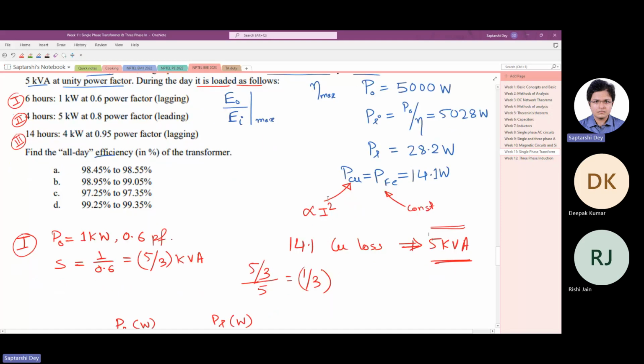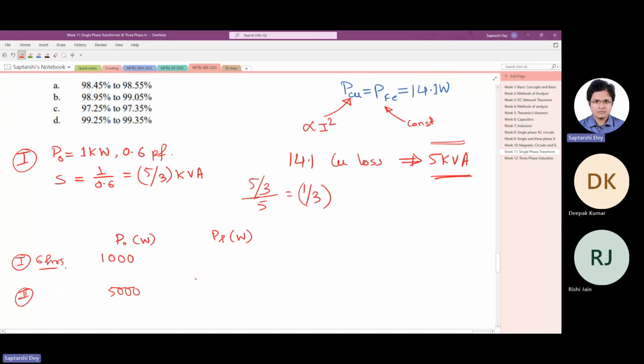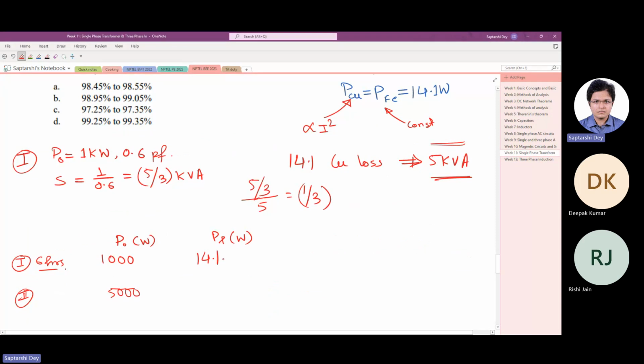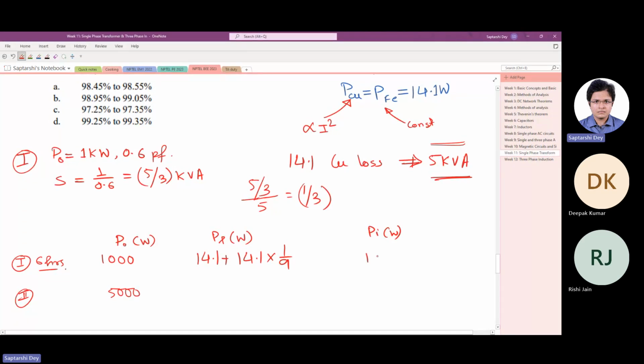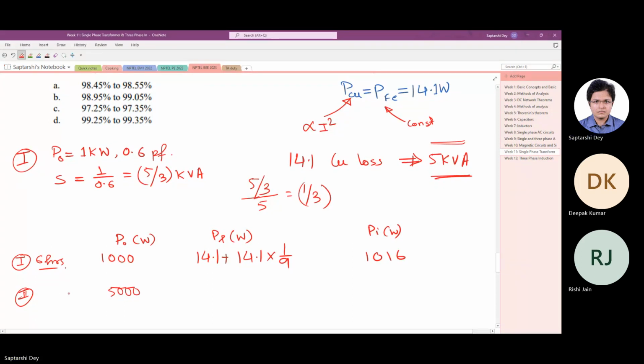So if the current is 1/3, the loss is 14.1 core loss plus 14.1 times 1 by 9. If you do this and find out the input power, you will get 1016 watt. Is it clear?